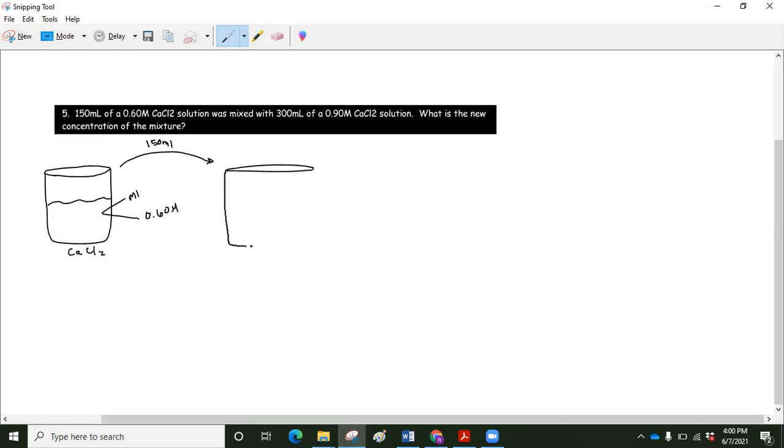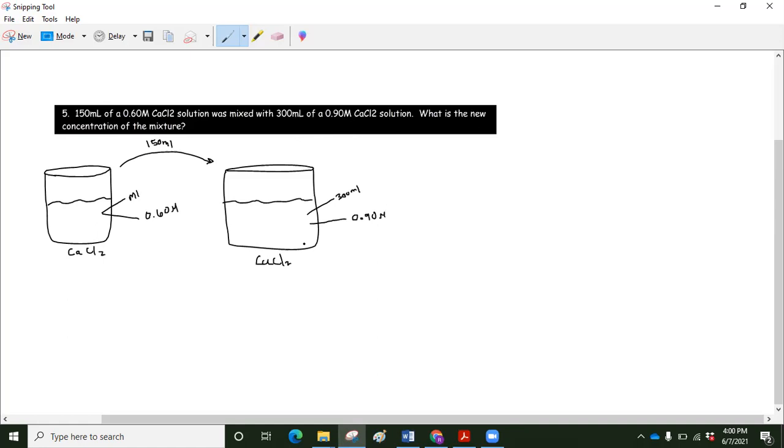So that means this one in and of itself before the mixture was 300 milliliters. And of course, it was a 0.90 molar solution as per the question. It had a molarity of 0.90, CaCl2. So this is also CaCl2. We're really not talking about different compounds.